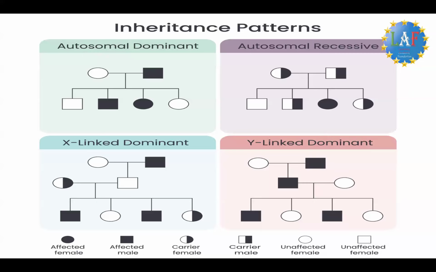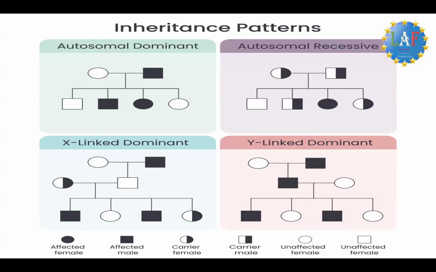And then we have Y-linked dominant. The same as before, we have an affected female and affected male, and the born one will be an affected male. We will join with an affected female.